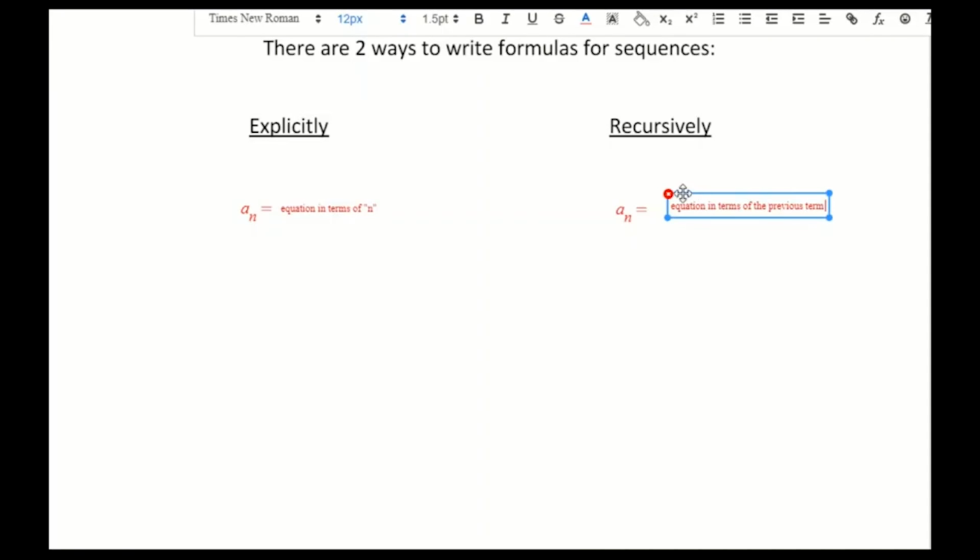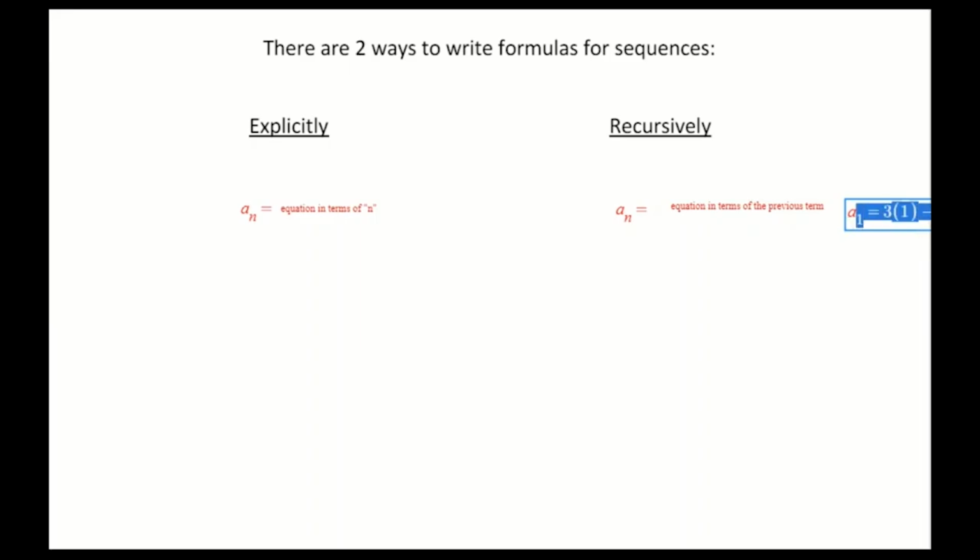The way that we write that is a sub n minus 1. So if a sub 3 is the term you're looking for, then we are going to find it by using a sub 2. In other words, you'll just plug in the previous term.